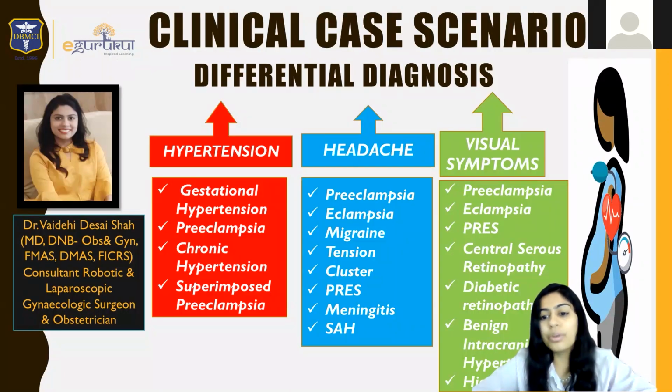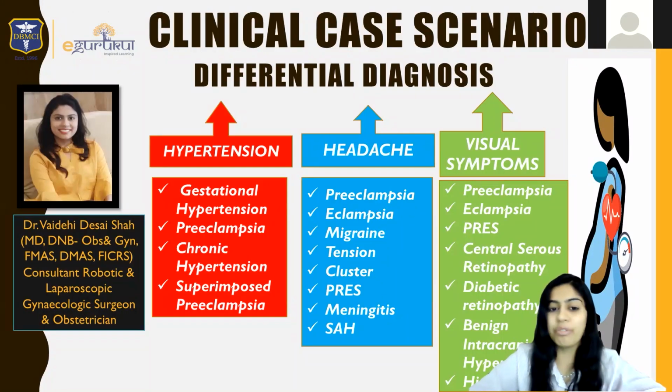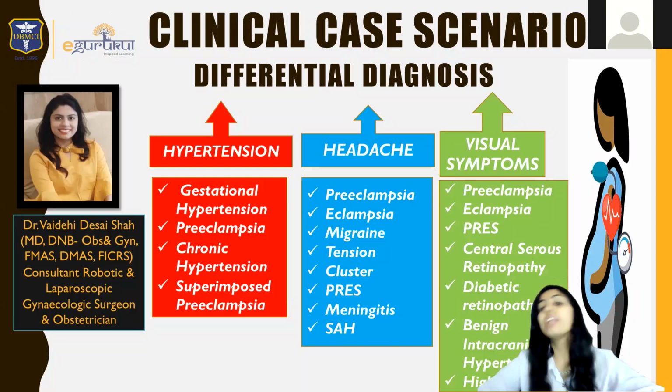When we talk about the visual symptoms, we can rule out the other retinopathies based on our history, physical examination, and also the ophthalmologic examination. So based on the findings that we have, we can narrow down our diagnosis to four main differentials: gestational hypertension, preeclampsia, chronic hypertension, and superimposed preeclampsia. Now, the age of presentation is very important.